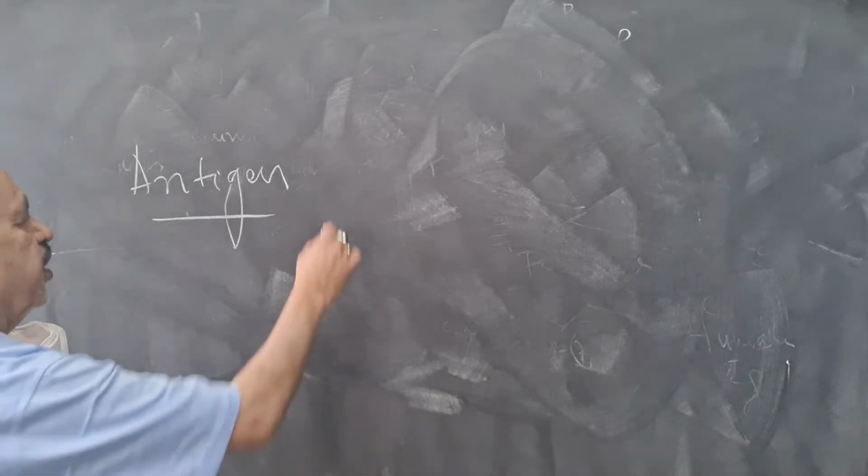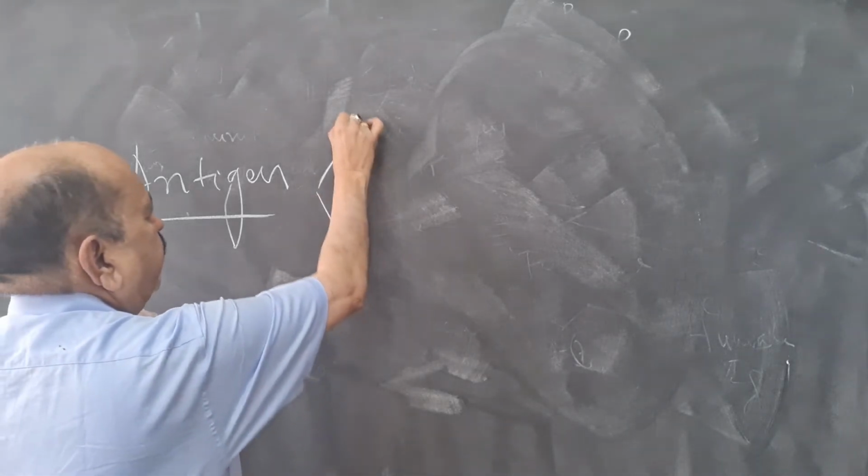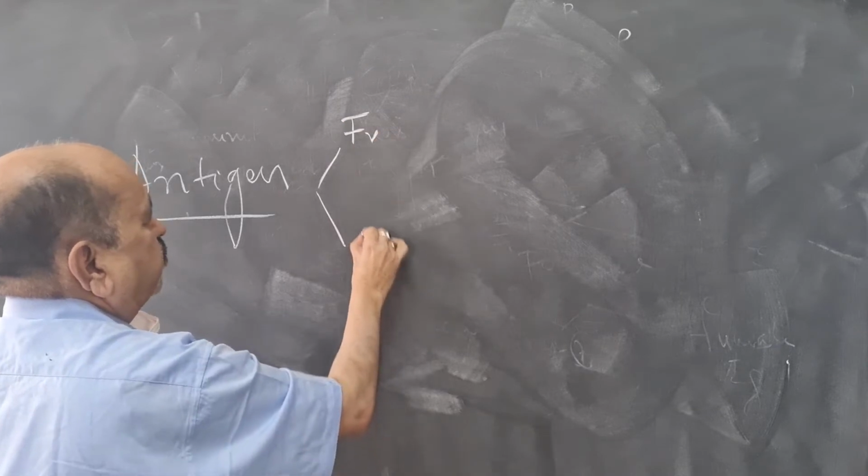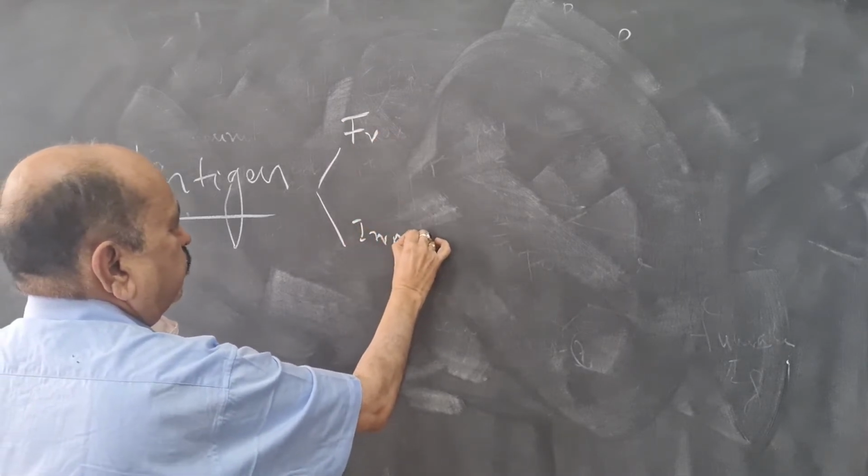So it has two attributes: one, it should be foreign to the body, and second, it should be immunogenic.